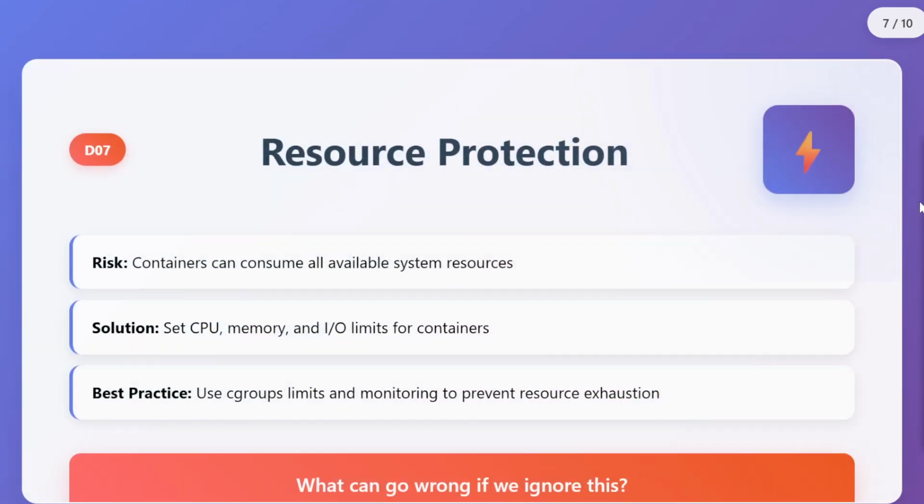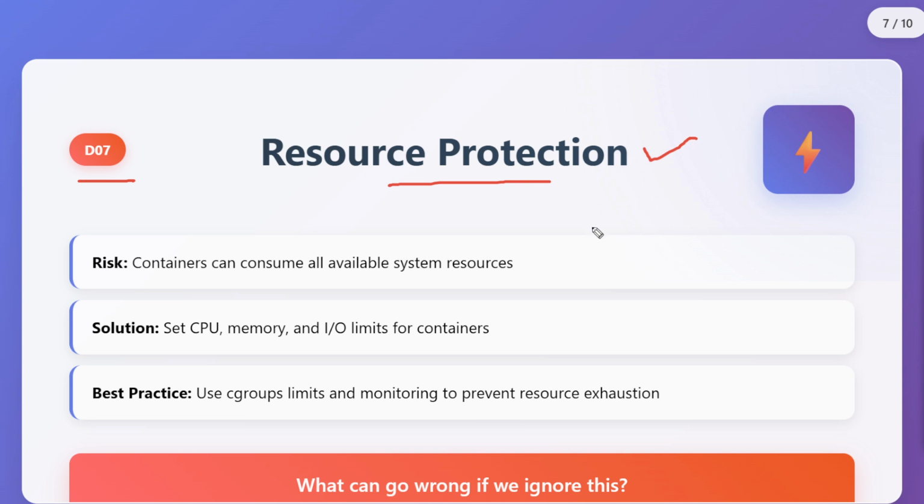Okay, and coming to the next one, which is D07, resource protection. Here the resource is basically how containers can affect system reliability. If the resources are unchecked, how can it affect the system, its performance and reliability?